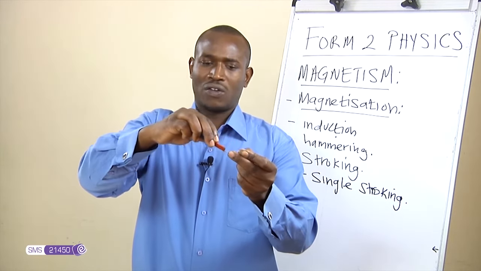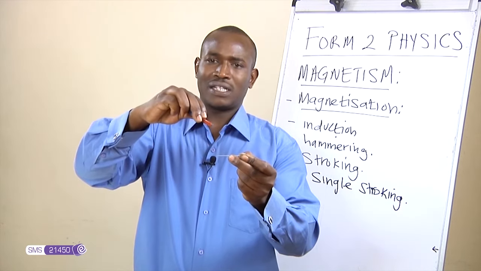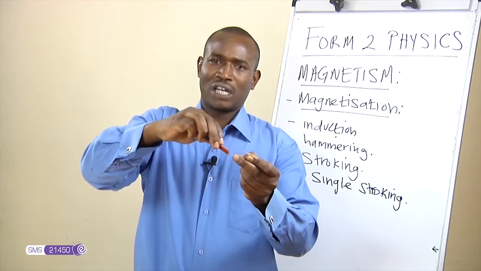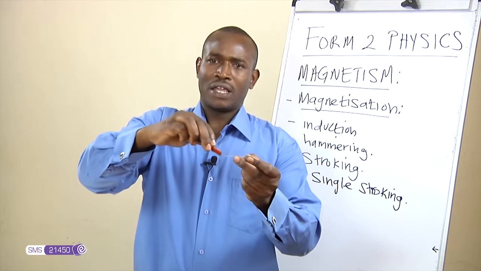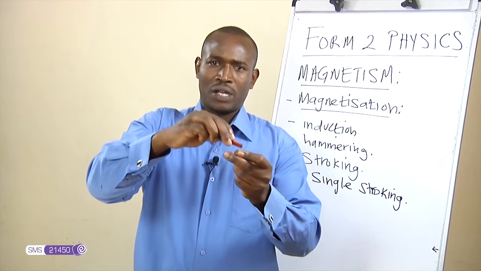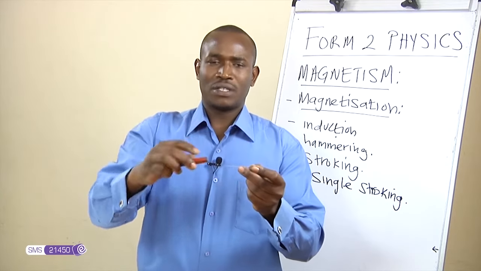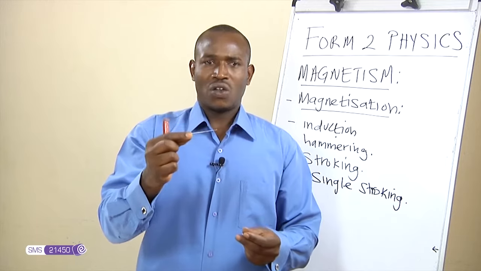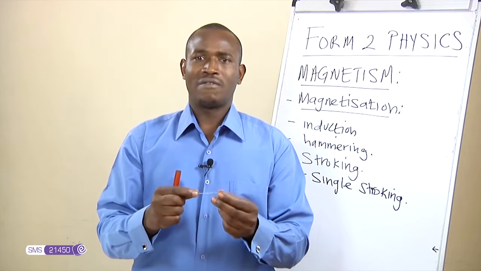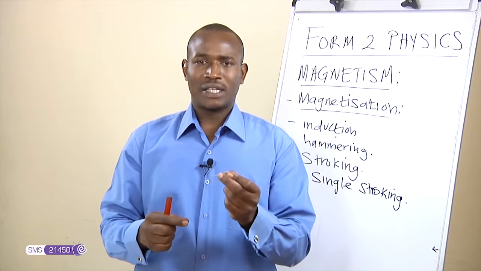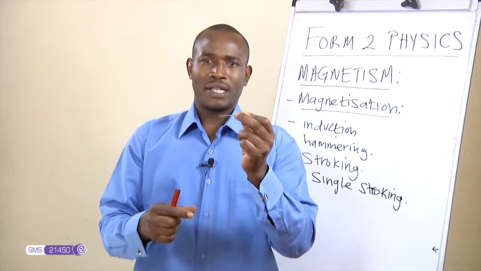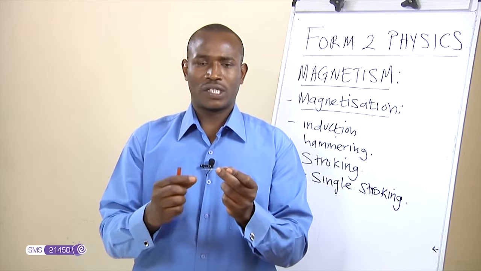You repeat that several times, forming the loops. Then after doing that several times, you can test your material, and you'll find that it will have acquired some magnetism by the single stroking method.